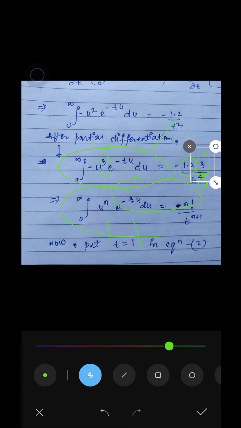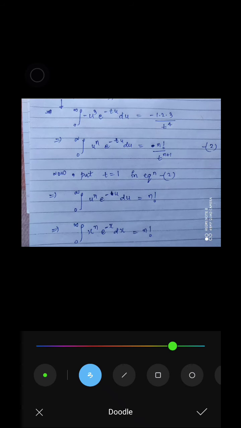So we have a general equation: integral 0 to infinity u raised to the power n e raised to the power minus t mu du equals n factorial over t raised to the power n plus 1. Actually we are already done with the solution, but to obtain the original solution we put t as 1 in this equation and obtain the following equation, which is the same as the original equation.